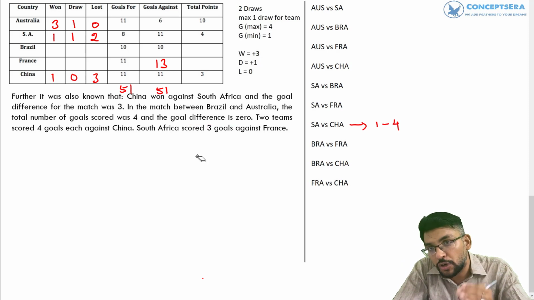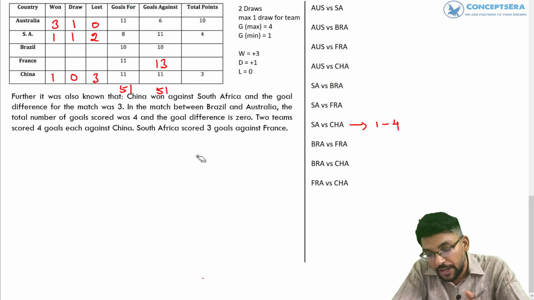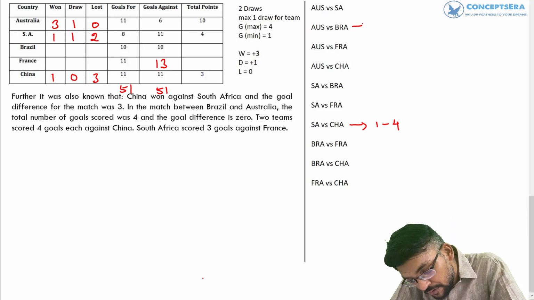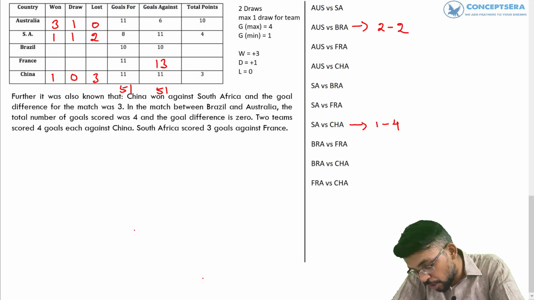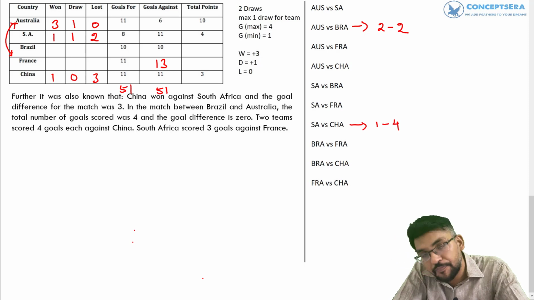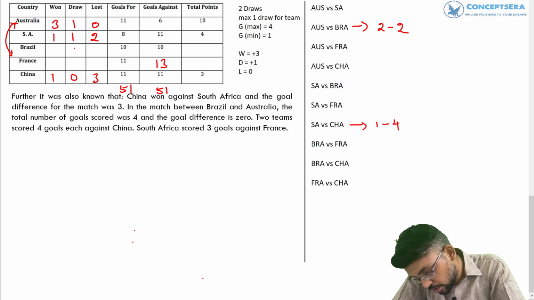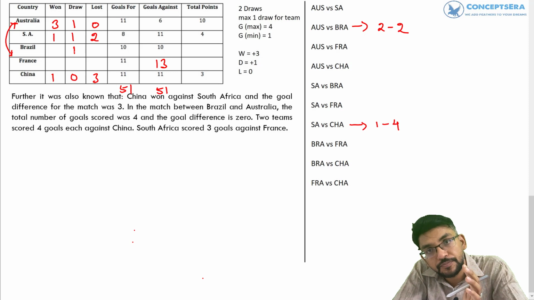It means the total number of goals scored by Brazil and Australia are equal to each other. And we know total goals are 4. It means each team is scoring 2 goals here. So this result will be 2-2. So we understood from here, a draw is happening between Brazil and Australia. So there is 1 draw definitely for sure.